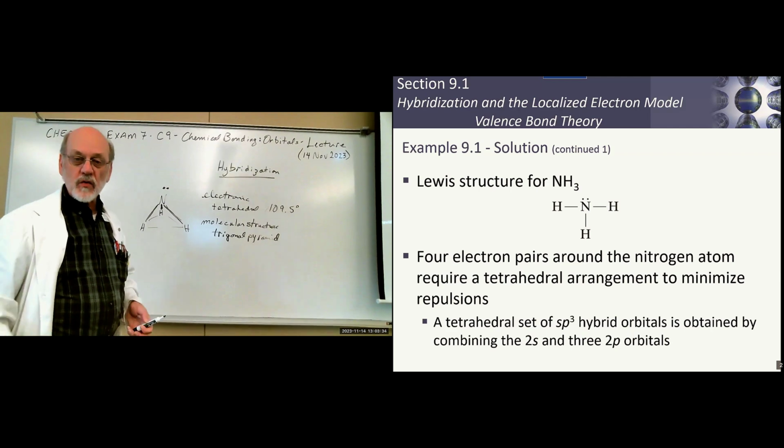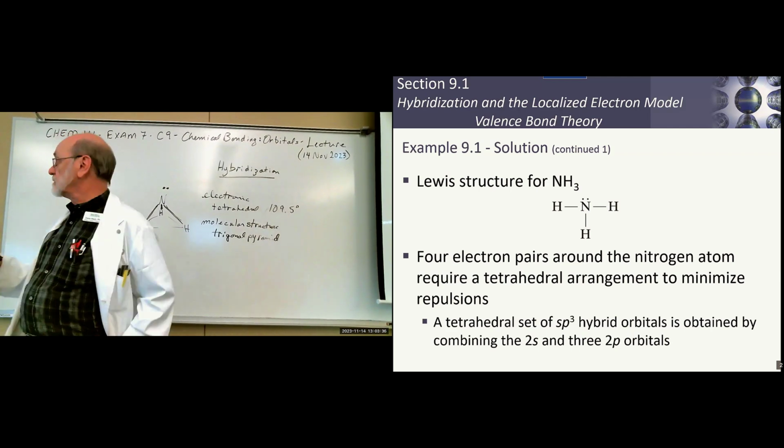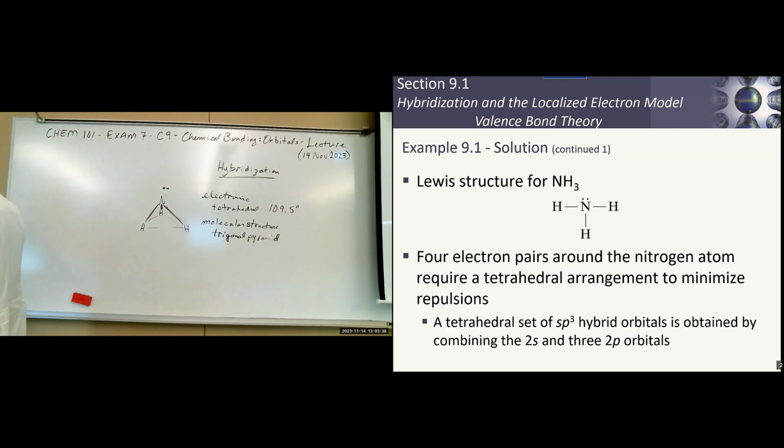Now, we know that nitrogen has 7 electrons, instead of carbon's 6, which would be 1s2, 2s2, 2p3. We're only interested in the valence for this model.